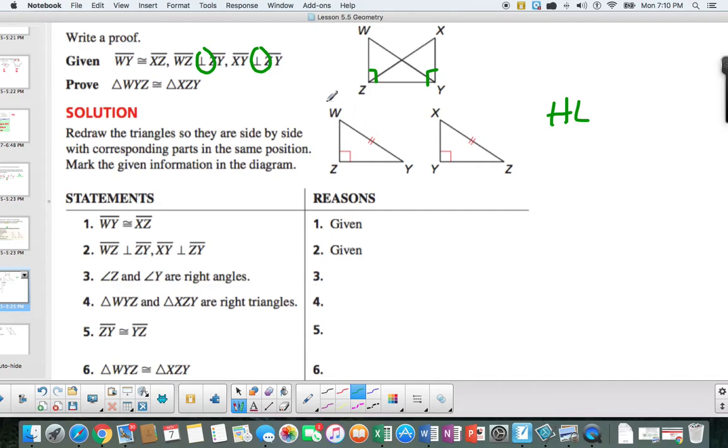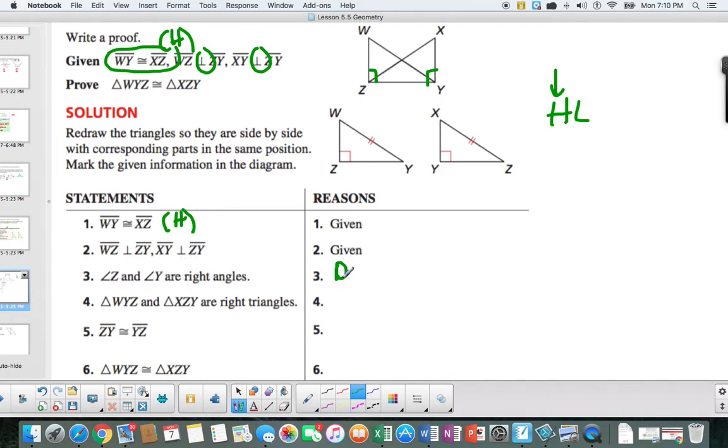Now notice that right here we're being given some congruent pieces. WY is congruent to XZ, and it's easier to put it in this picture than the original when it was intersecting. Now this is a hypotenuse pair, and so in the given they're giving us this hypotenuse pair. So I'm going to put an H here because I've got a hypotenuse pair, and I've got some perpendicular, and perpendicular always leads to right angles.